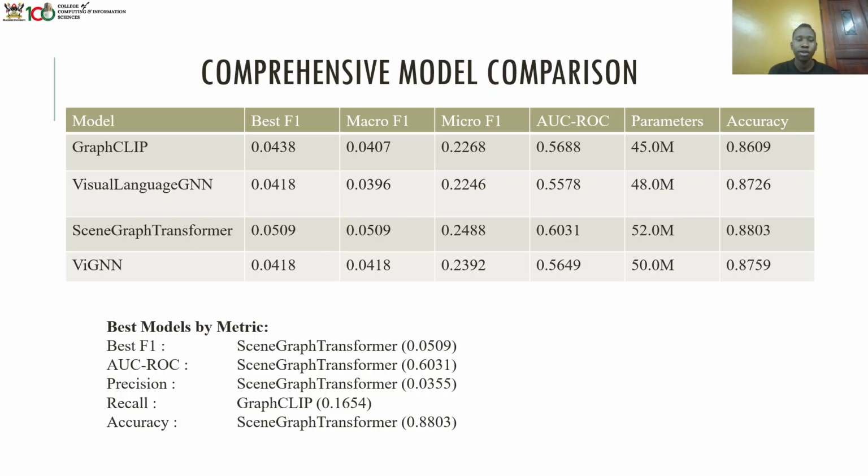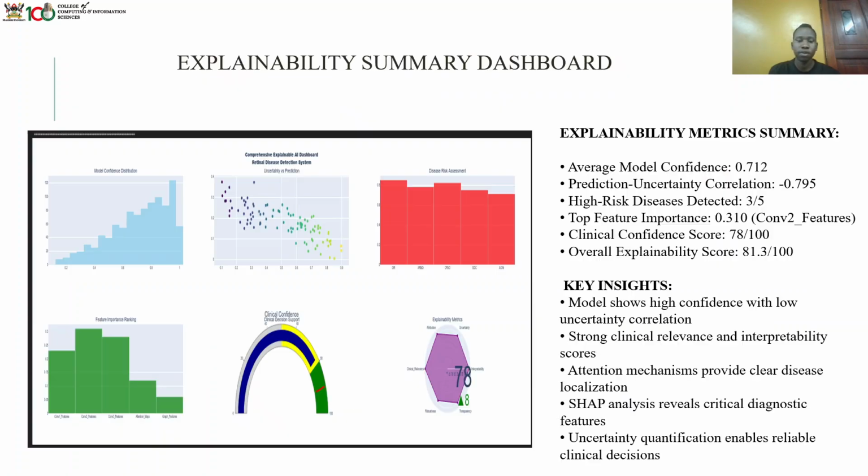So from our training, we found out that we have a best model, which was our scene graph model, performed the best, and it had the best F1 score, and also the AUC ROC was still the scene graph, precision was scene graph, and recall was Graph CLIP, accuracy was still scene graph.